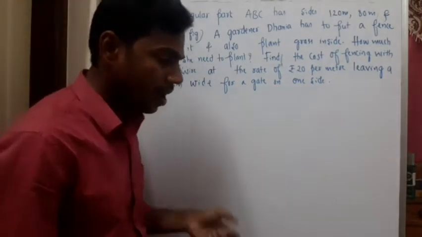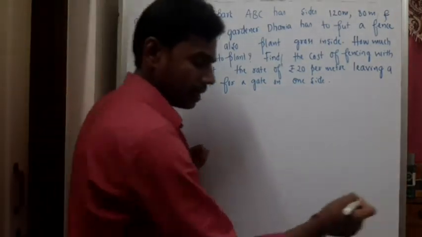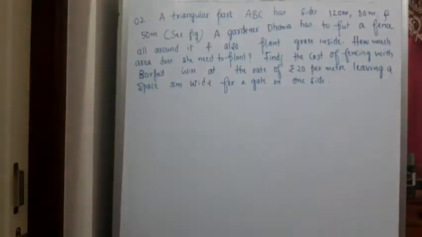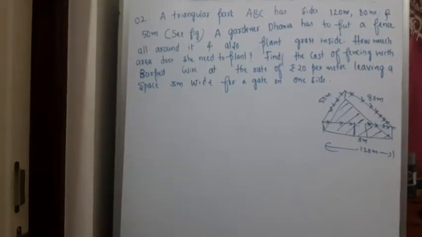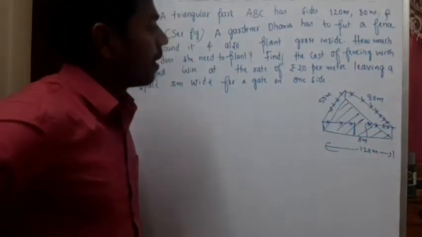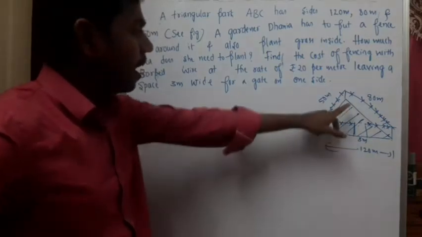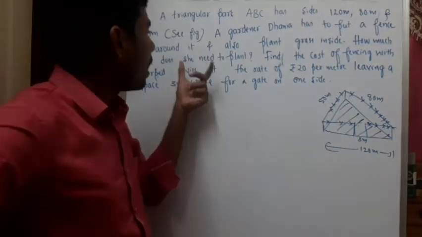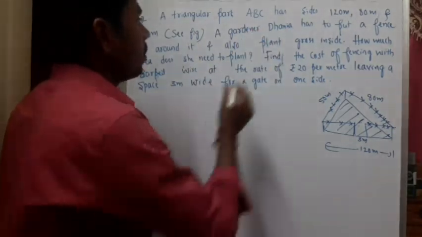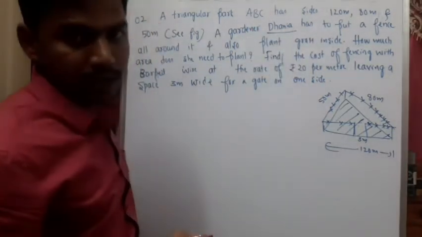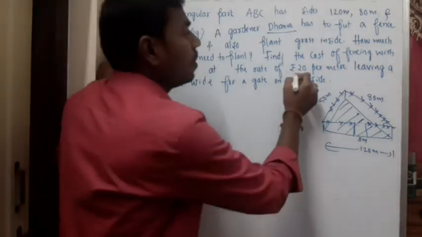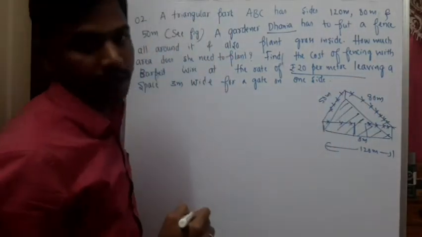So I need to draw a figure. It is given in your book, so please wait. Now this is a triangular park. In this, we need to find the area of the garden that Dania has to plant. The second thing we need to calculate is the cost of fencing.